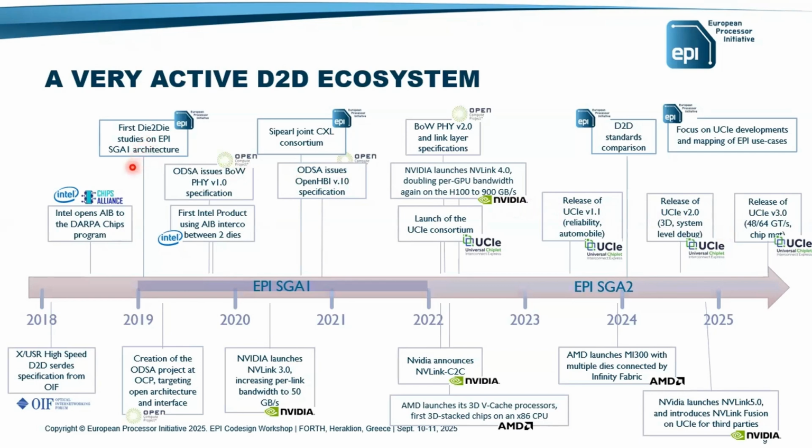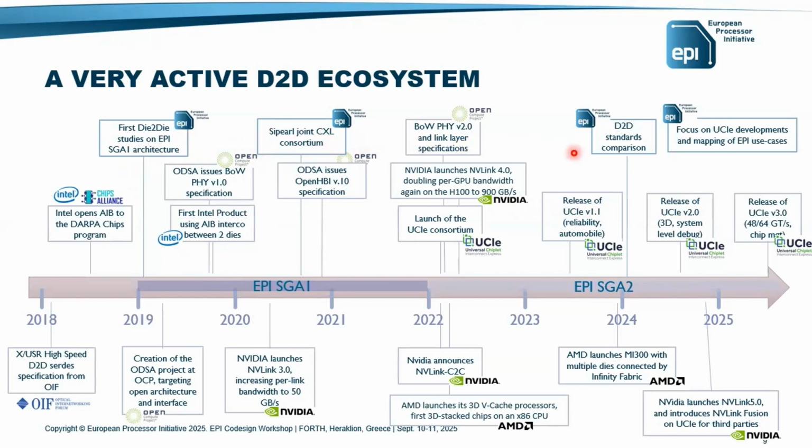We started with the first die-to-die studies, as I said, with perhaps our own protocol. Then progressively we joined existing consortia, like SiPearl, which joined the CXL consortium in the middle of EPI phase 1.